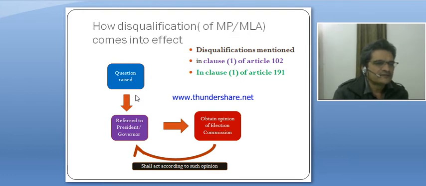If a question is raised, it is referred to the president or the governor: the president in the case of an MP and the governor in the case of a state legislature, MLA or MLC.